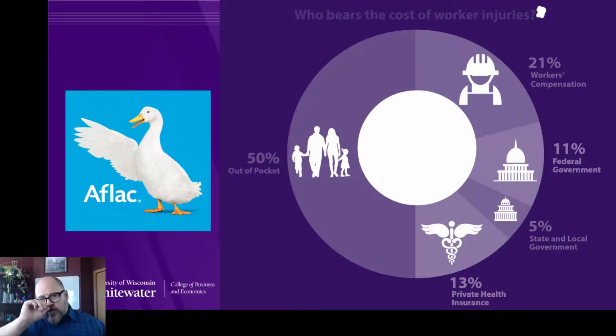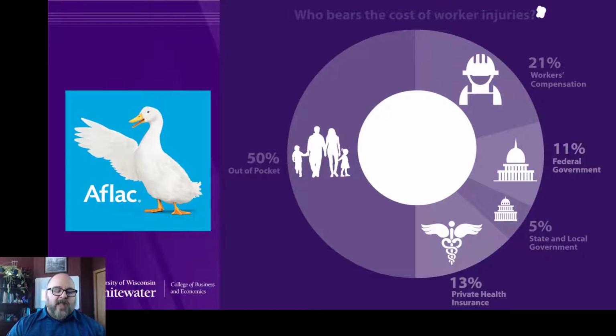And this is a chart that I found on who bears the cost of worker injuries. You can see work comp is about 21%. You've got the others here. 50% is out of pocket by the injured, by the family of the injured. And that's why they have products like Aflac, the goose over there on the left, that an individual can purchase, along with home insurance, car insurance, and umbrella policies.